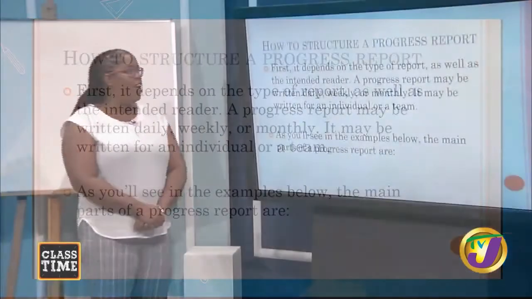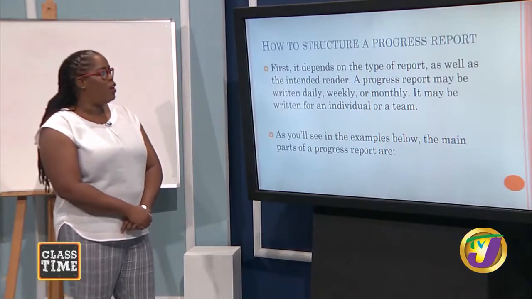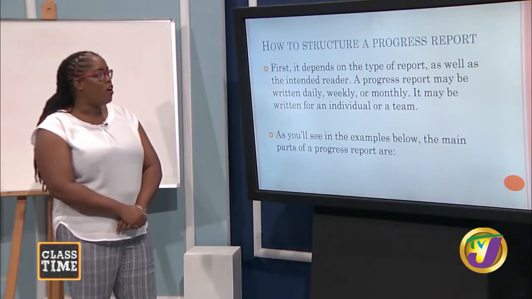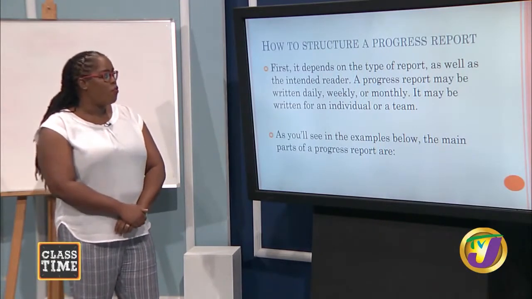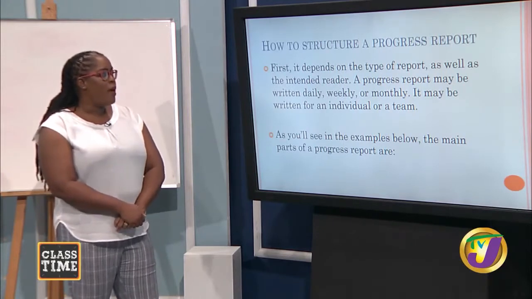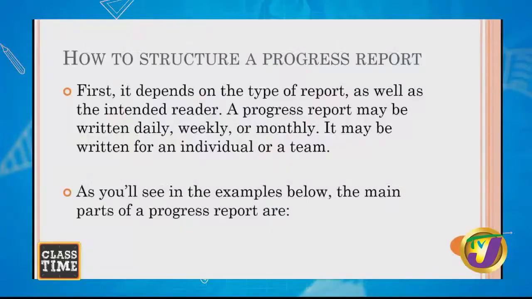All right, so we're moving on. Now, how to structure a progress report. First, it depends on the type of report as well as the intended reader. A progress report may be written daily, weekly, or monthly. It may be written for an individual or a team.